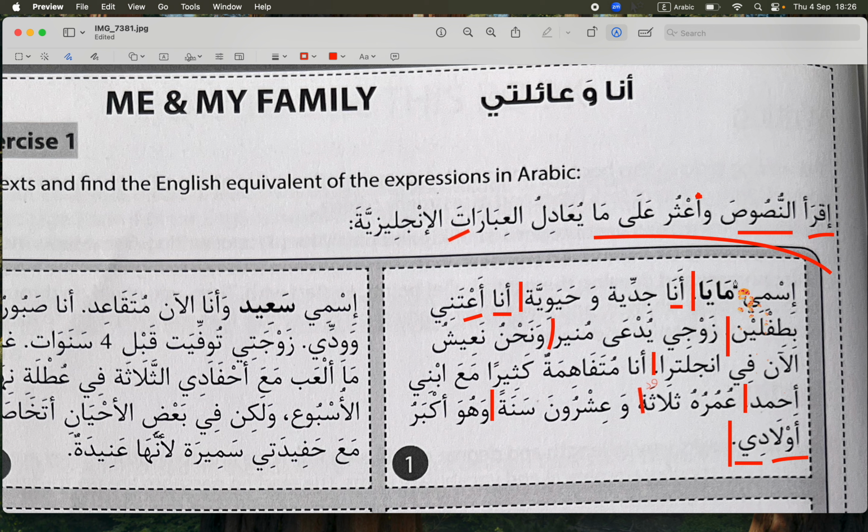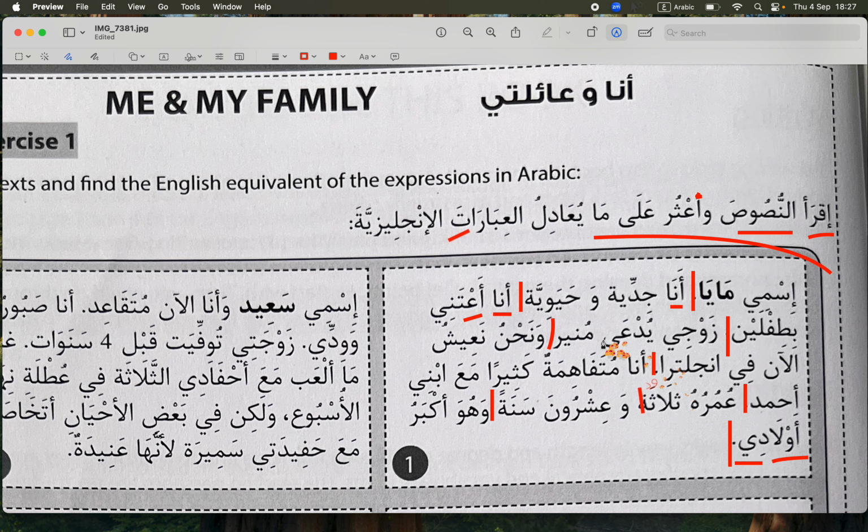Next question. هل اسم زوج مايا محمد؟ I'll ask that again actually. هل زوج مايا يدعى محمد؟ أزوج مايا يدعى محمد أم منير أم زكريا؟ Fantastic. نعم. So say the sentence. زوج مايا يدعى منير.